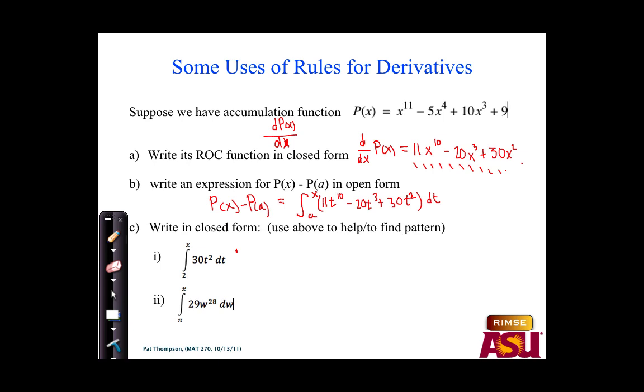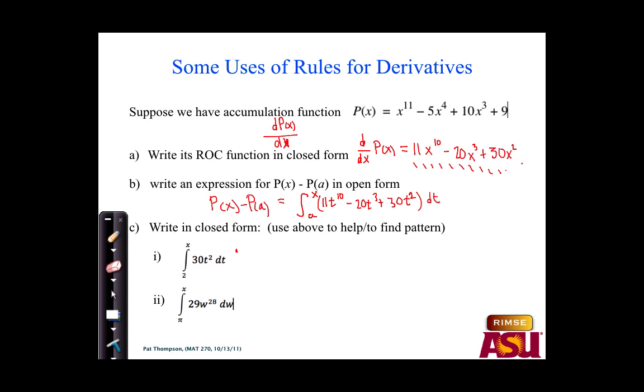Now, this expression here, we talked about some expressions that look kind of like this right after your test, thinking about what defines an accumulation function properly. So this one, I've got some sort of rate times dt, so I can think of an m dx sort of expression, an accumulation that happens from 2 through x at this rate.